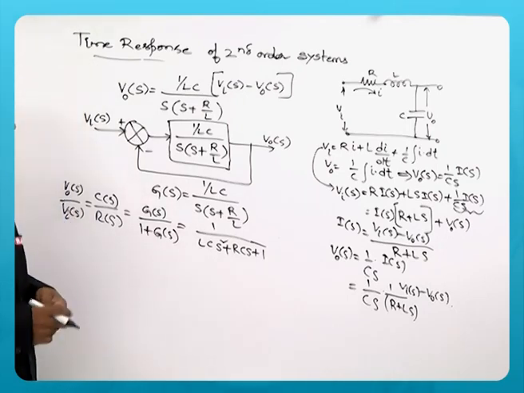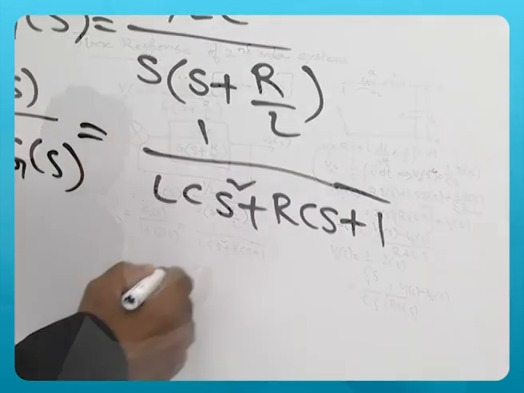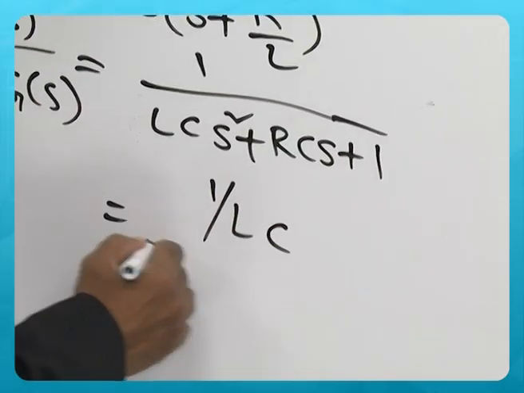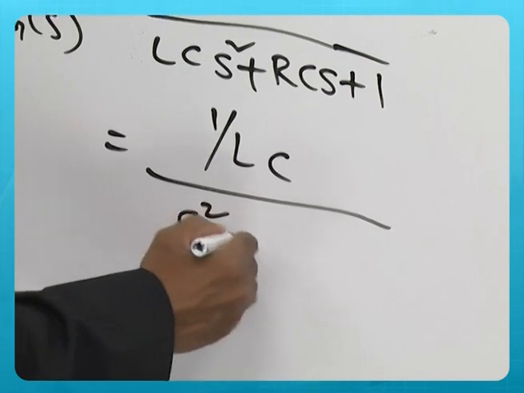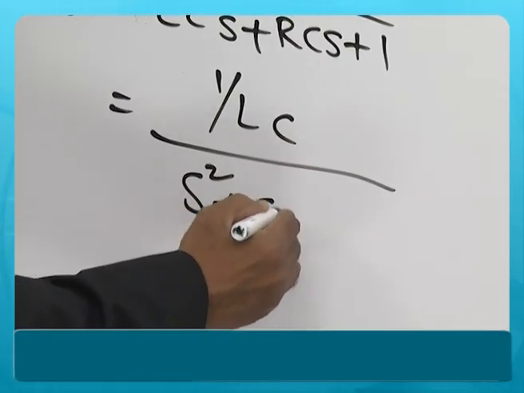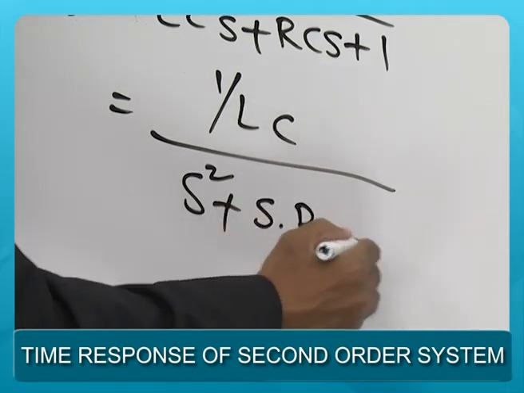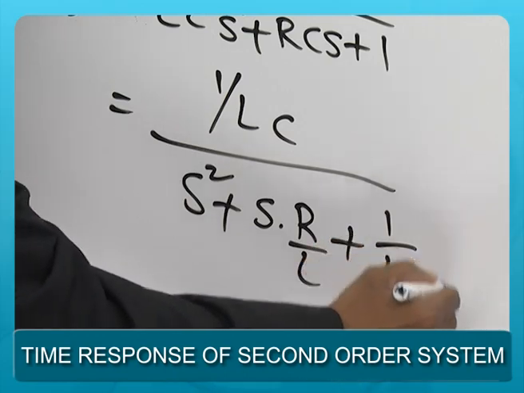This is the function actually you get. You can rewrite this as 1 by LC by S square plus S into R by L plus 1 by LC.